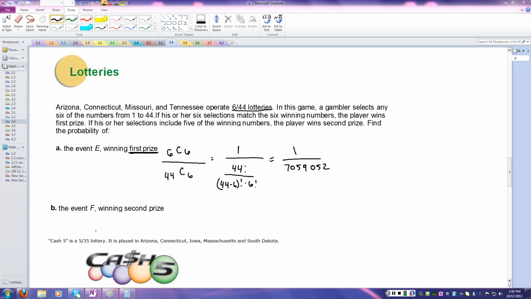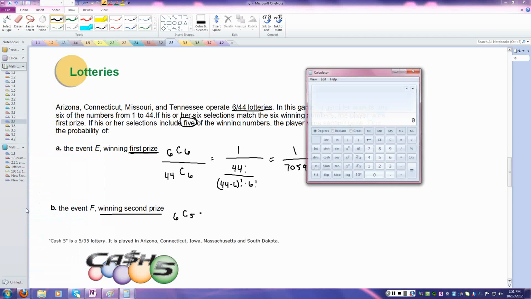So the event of winning second prize would be picking 5 of the 6 numbers. So includes 5 of the winning numbers. So I have 6 winning numbers and I'm choosing 5 of them times the losing numbers, which would be 44 minus 6.